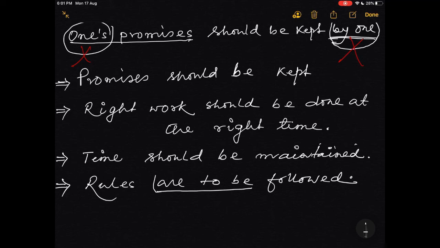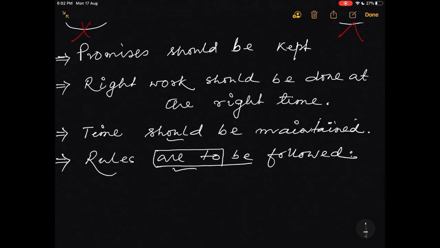Here in place of should, ought to is used. Use this verb. Instead of should, ought to is used. So rules are to be followed. So here the subjects are not important. Only the statements are important.